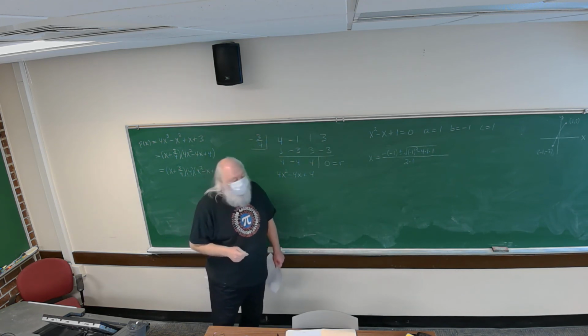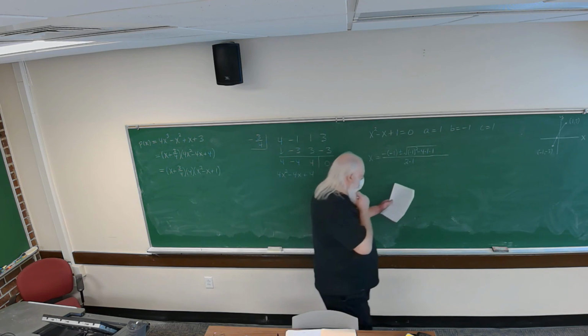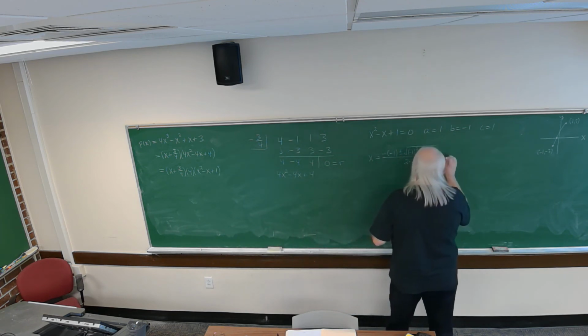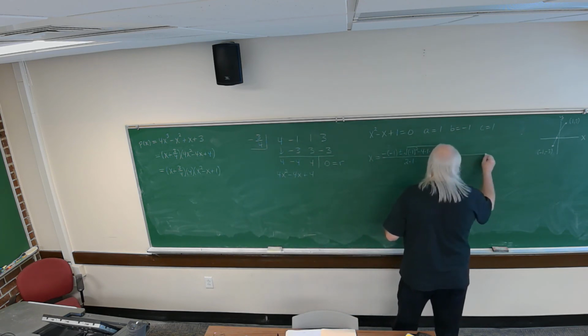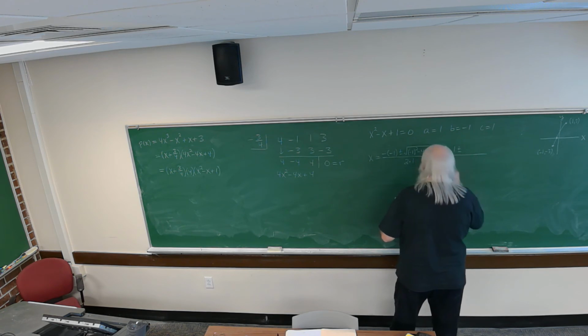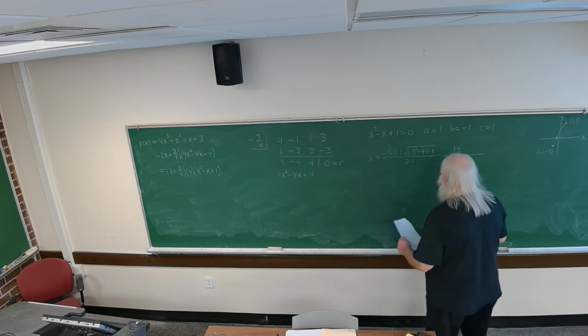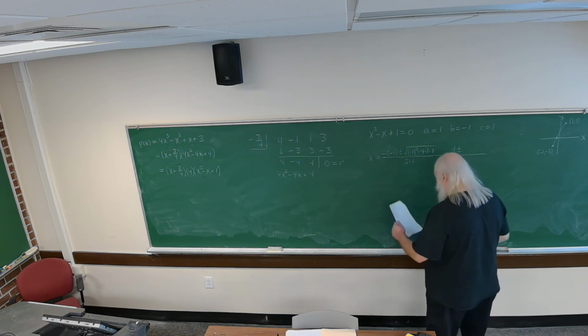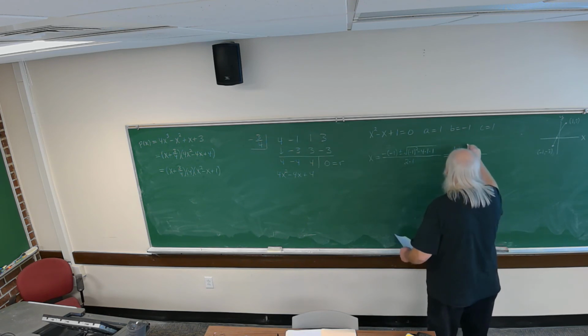You gotta simplify. The negative of negative 1 is plus 1. And the determinant under the radical is equal to the square root of minus 3.